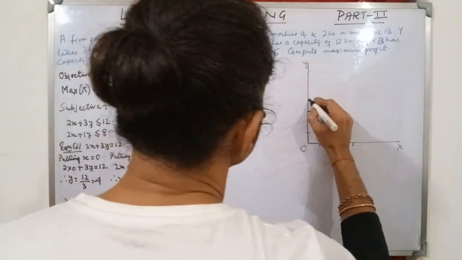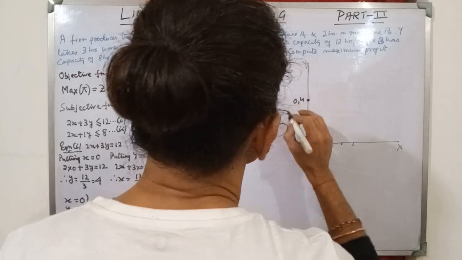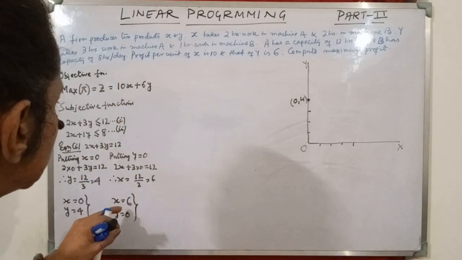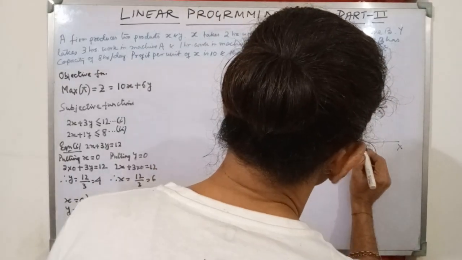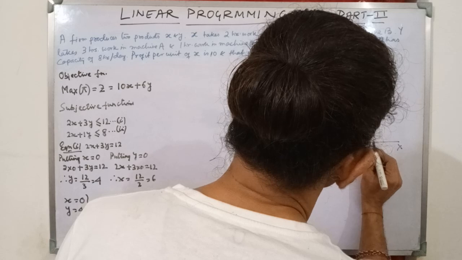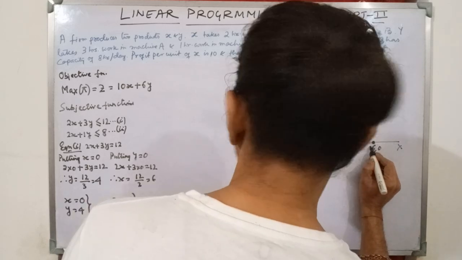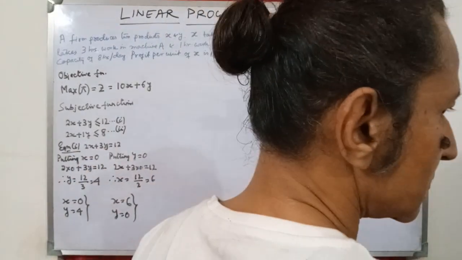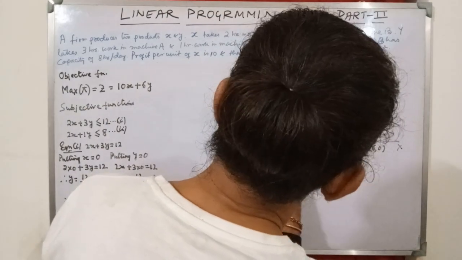So we get this value as (0, 4). And another value is x 6 and y 0. So 1, 2, 3, 4, 5, 6. So we get this value (6, 0). Now we join these 2 points. Okay.